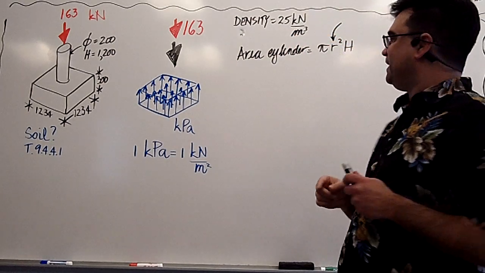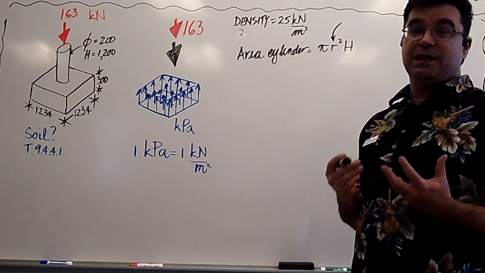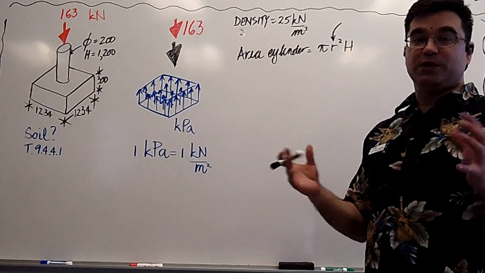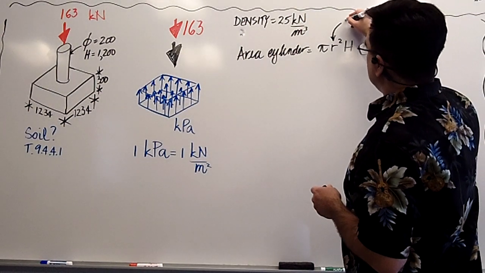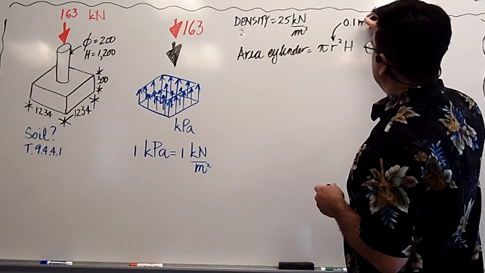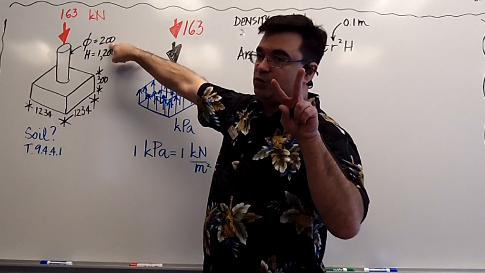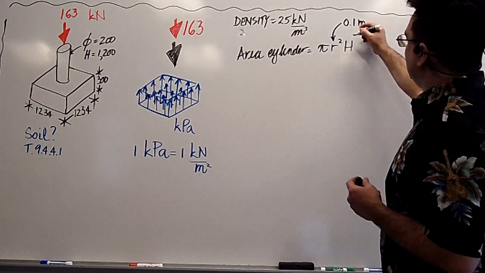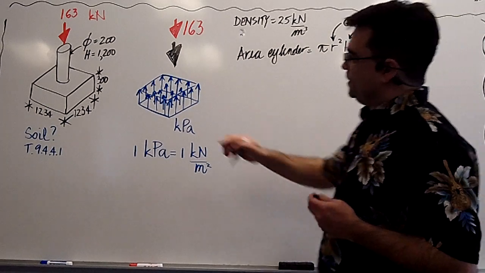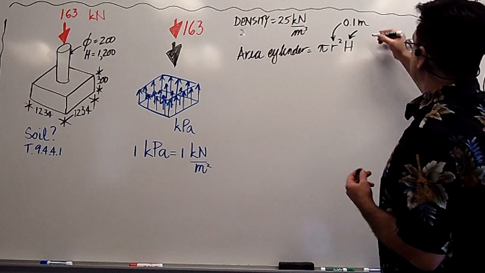So I'm going to think ahead, and I'm going to do this all in meters, not in millimeters, so I don't forget about converting my units. So I'm going to remind myself that the radius is going to be 0.1 meters, right? 200 millimeters divided by 2 converted to meters, 0.1. The height is going to be, if this is 1200 millimeters, then it's 1.2 meters.